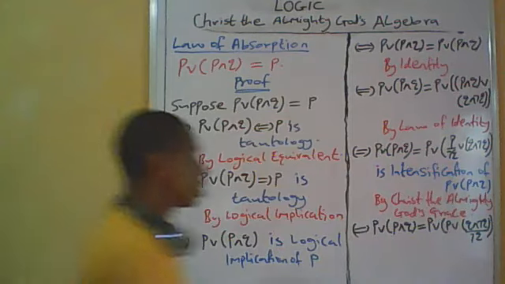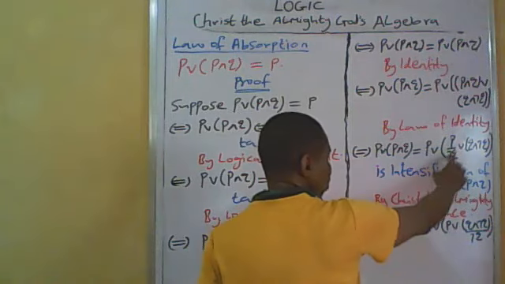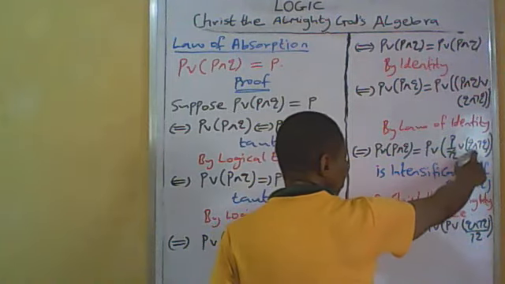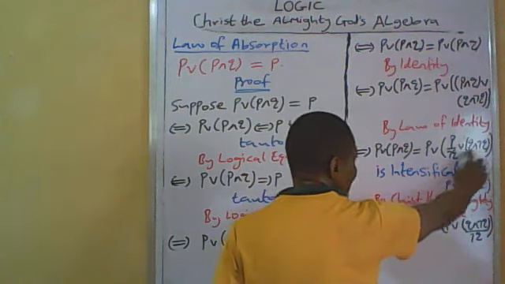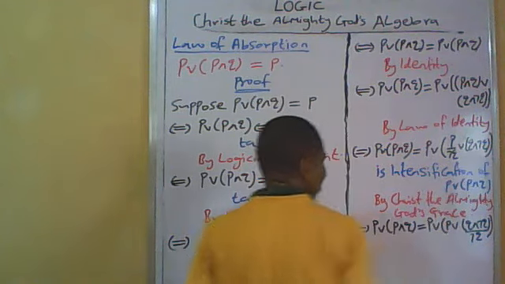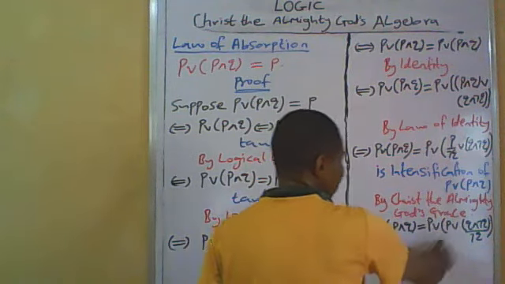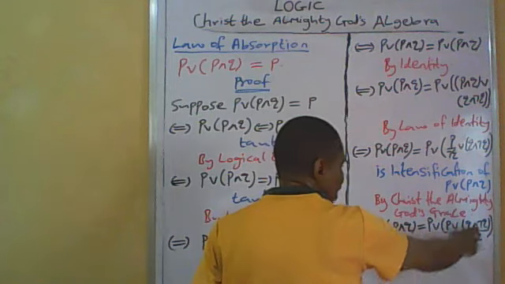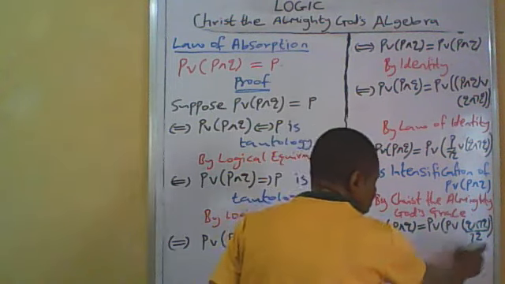That means you have distributed this not Q to Q and not Q, the second disjunct. That's why we have P or (Q and not Q upon not Q).